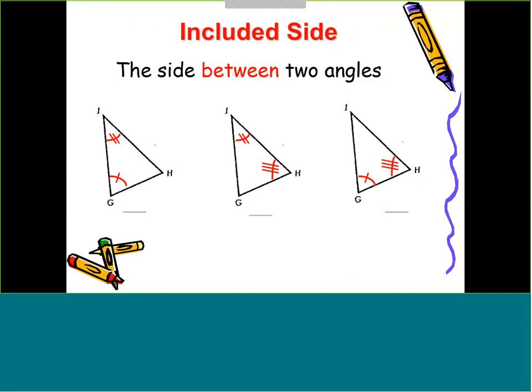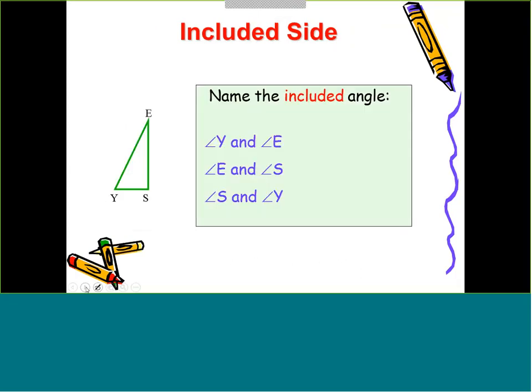So the included side here, again, your included side needs to fall between the angles. So your included side would be segment GI, segment HI, and then on our last one, it would be segment GH. Here we could state the included side.